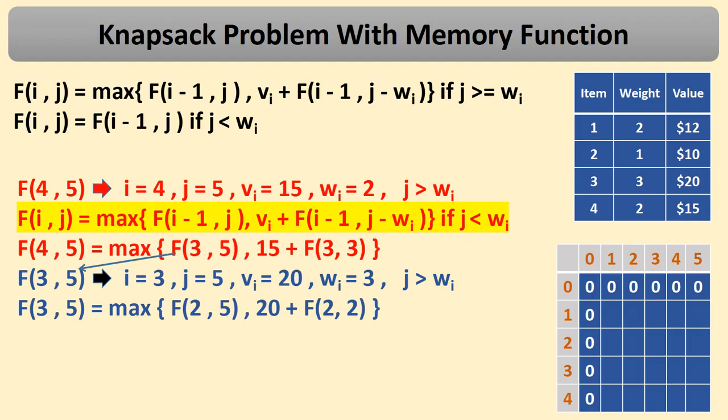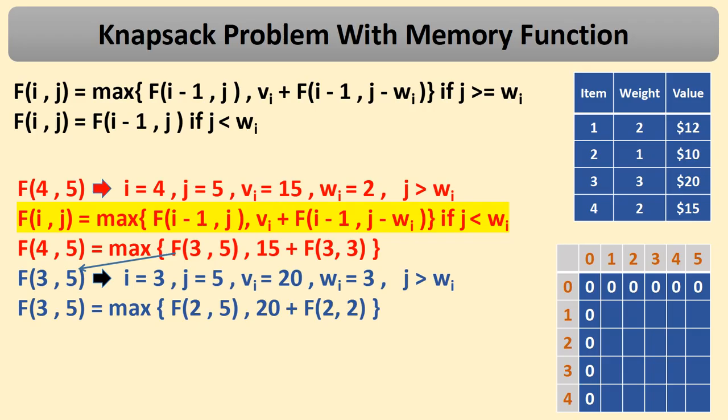So according to our table, the last cell is of fourth row and fifth column. That is the last cell. So first we have to start from that position and from there we have to derive one by one, because we have to fill totally 20 entries. So from this we will start.